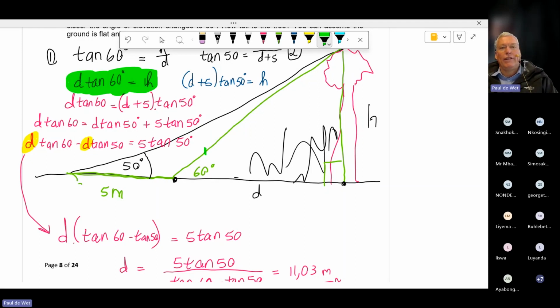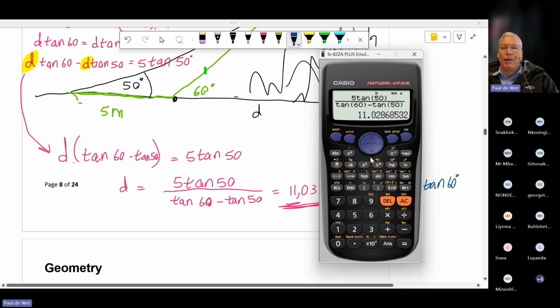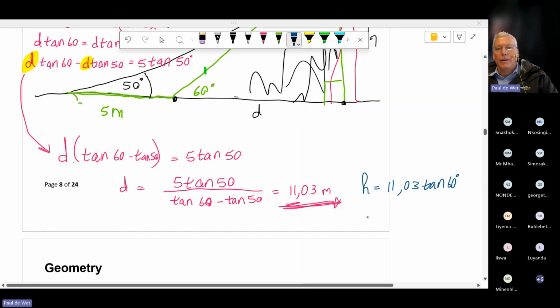So I can work out h is going to be 11,03 times the tan of 60. Okay, and I can just do that on my calculator. There's that number times by the tan of 60. I get 19,1 meters.